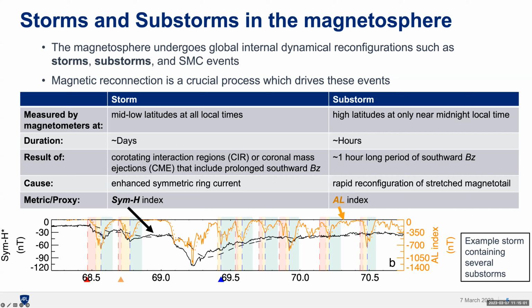They're captured by these global geomagnetic indices: SYM-H for storms and AL for substorms. We frequently use SuperMAG data, and they have their own analogs, the SMR index for storms and the SML index for substorms. So I might interchange these indices with their SuperMAG equivalents during this talk.